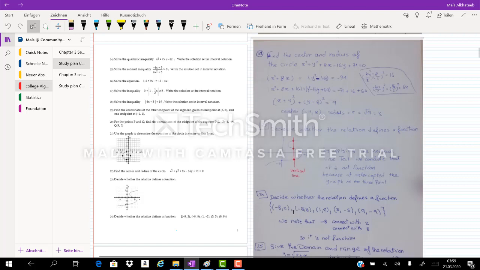As we see, this relation is not a function because minus 8 is connected to 2 and to 8 at the same time. That means this relation is not a function. The minus 8 has not to be repeated 2 times here to be a function.